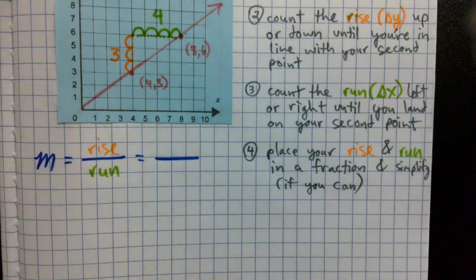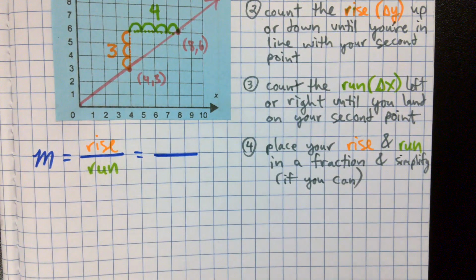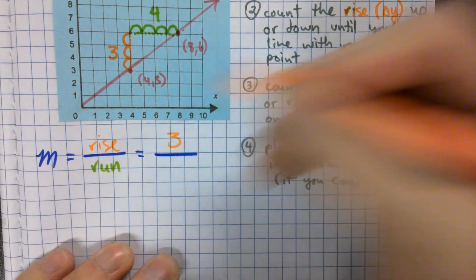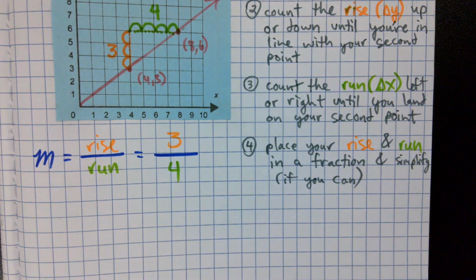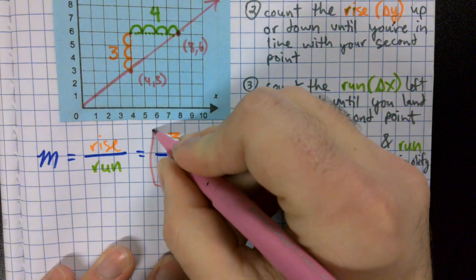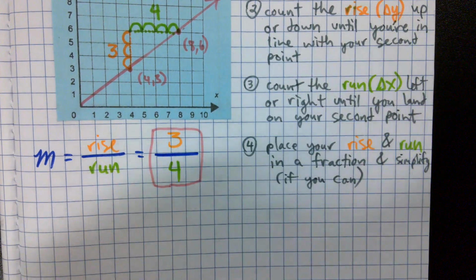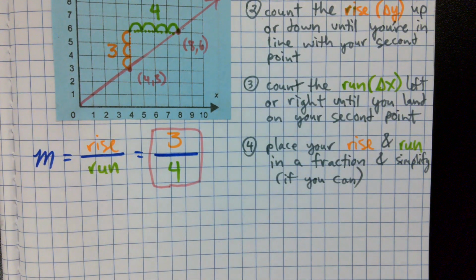So from our graph, what was the rise that we found again in orange? 3. What was the run that we found in green? 4. Can we simplify 3 over 4 at all? No, we cannot. Our slope of this line is 3 over 4.